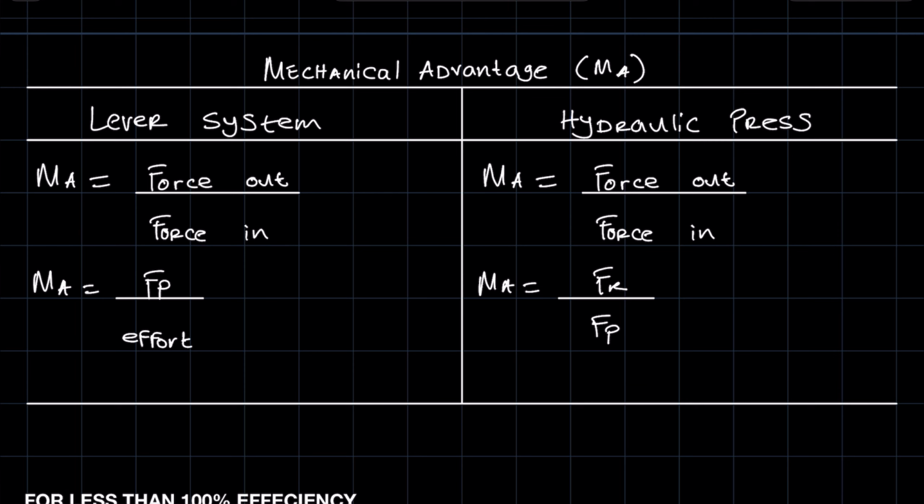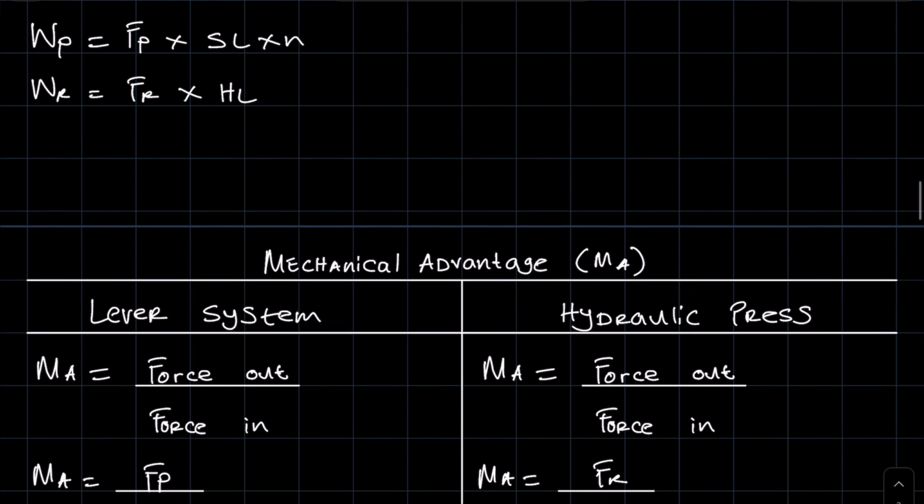For the hydraulic press, the output force is the force on the ram, hence the Fr, and the input force is this Fp, which is the force on the plunger.